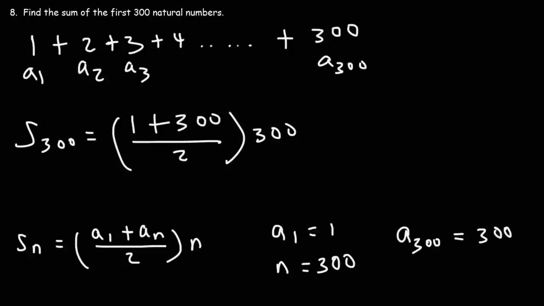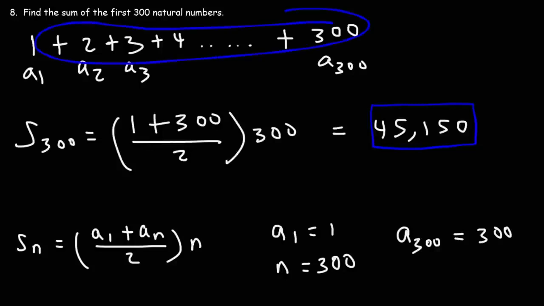So it's going to be 301 divided by 2 times 300, and that's 45,150. So that's how we can calculate the sum of the first 300 natural numbers in this series.